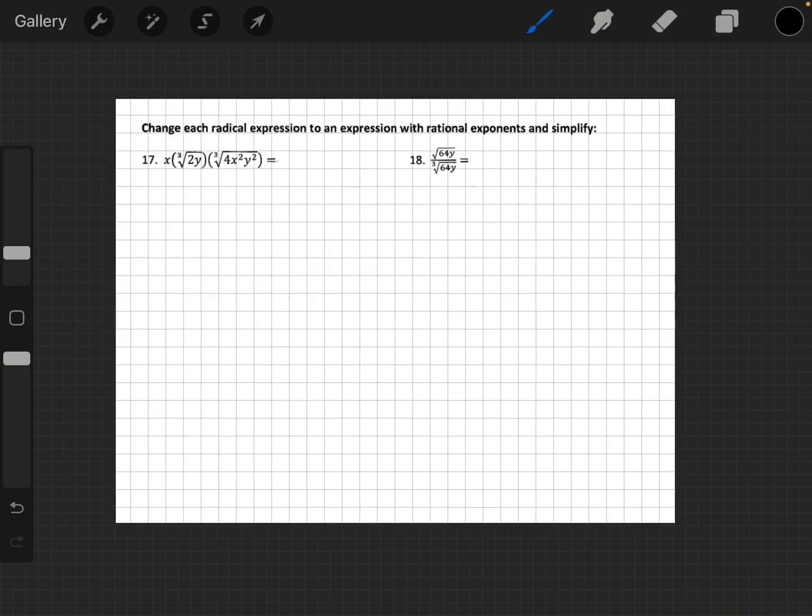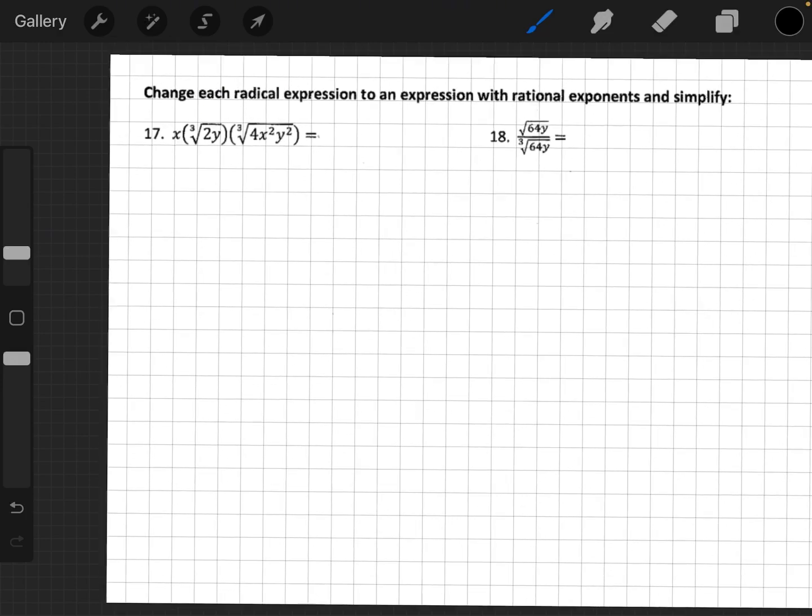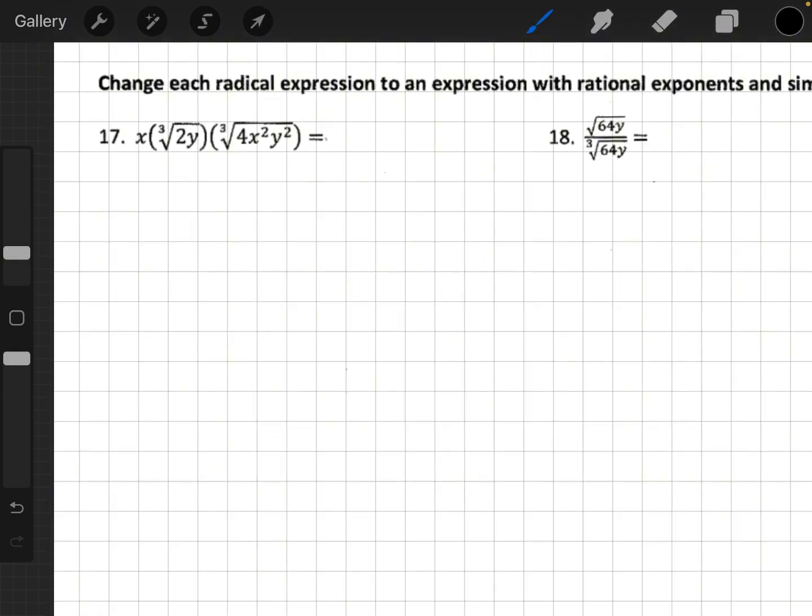In these two examples, we're going to combine changing radical expressions to rational exponents and then simplifying from there. So we have three terms to look at here: x, the second term, and the third term. So we'll bring down the x because it's just by itself. Then we're focusing on this one, and we're going to change it to 2y to the power of 1/3.